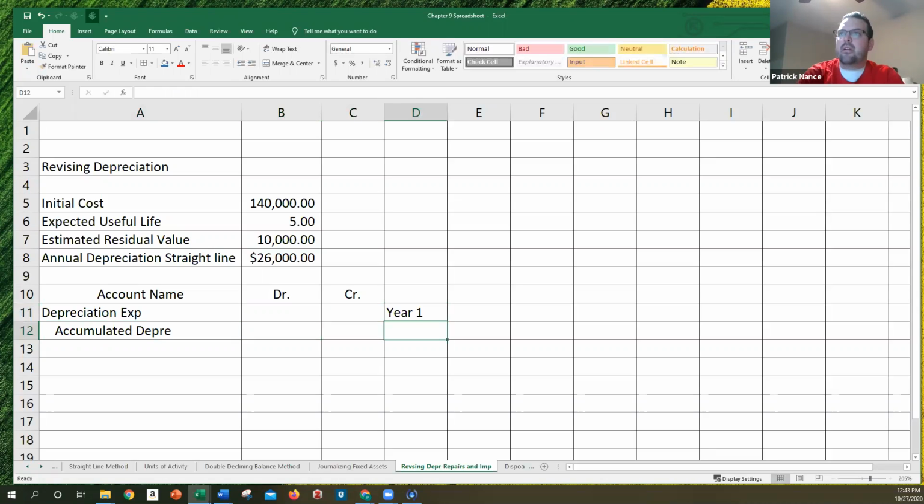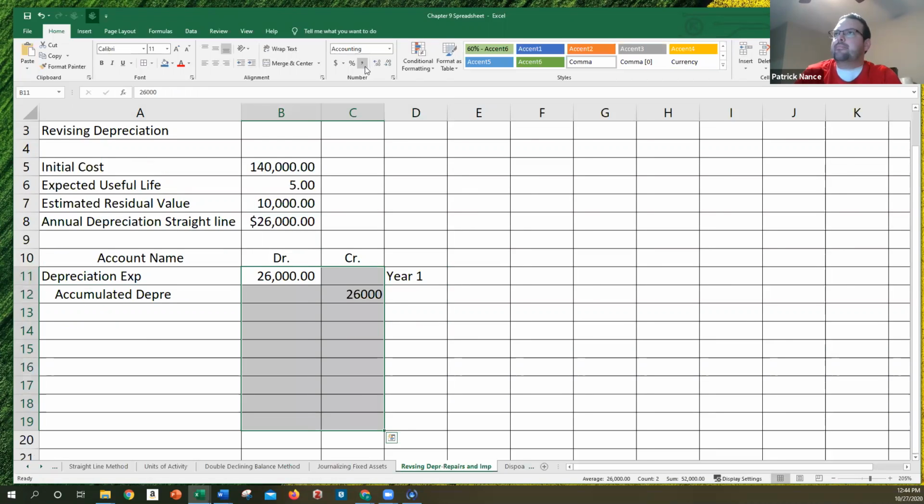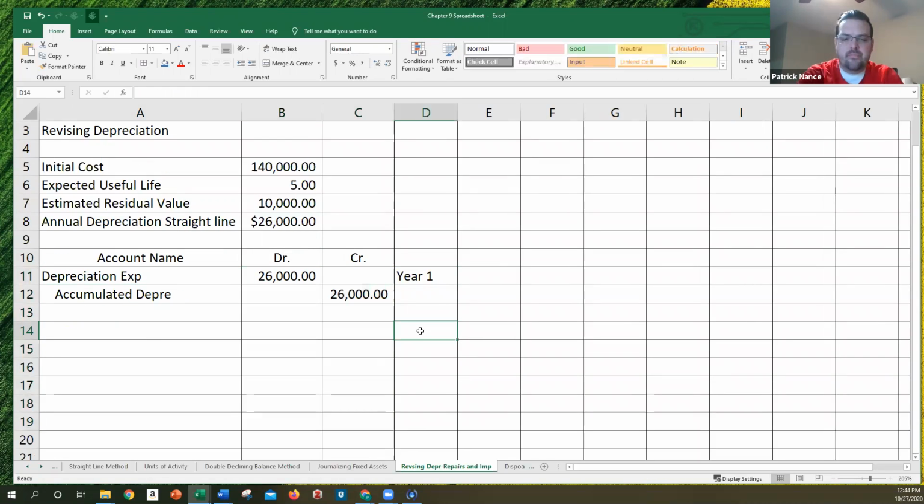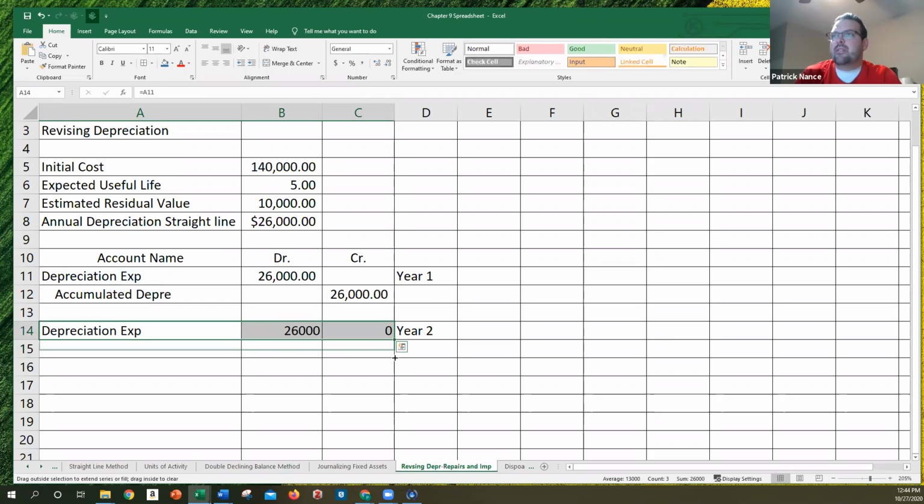It would have been for 26,000, and then I would have the same thing for year two: a debit to depreciation expense for 26,000 and a credit to accumulated depreciation for 26,000. So those would be my journal entries for years 1 and 2.